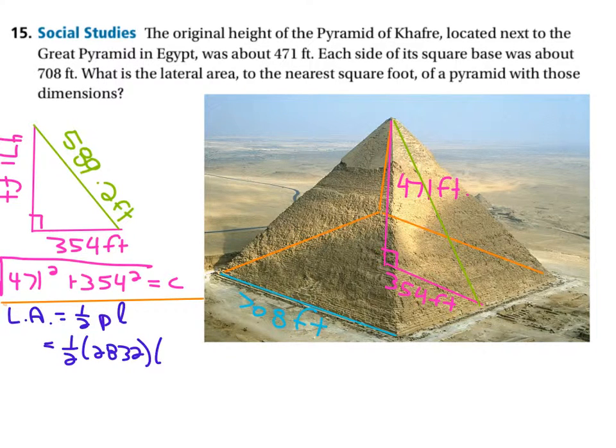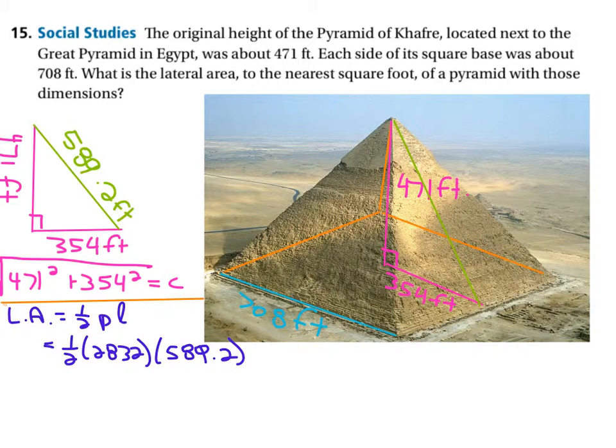And then the slant height we just figured out was 589.2. And it says to the nearest square foot, what's the lateral area? So I'm going to multiply all this on my calculator and then round it off. So we say 0.5 times 2832 times 589.2.